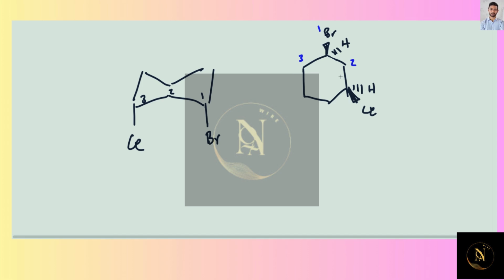So the right-hand path hits chlorine sooner. And now I've got hydrogen, the lowest priority group, in the back, which means I can just determine whether connecting 1 to 2 to 3 happens clockwise or counterclockwise. This looks clockwise to me, so it's R.